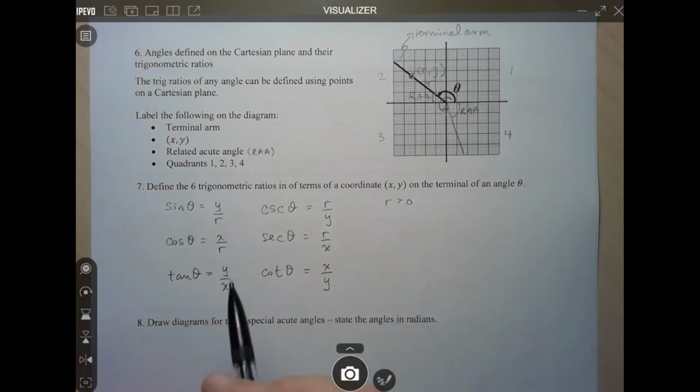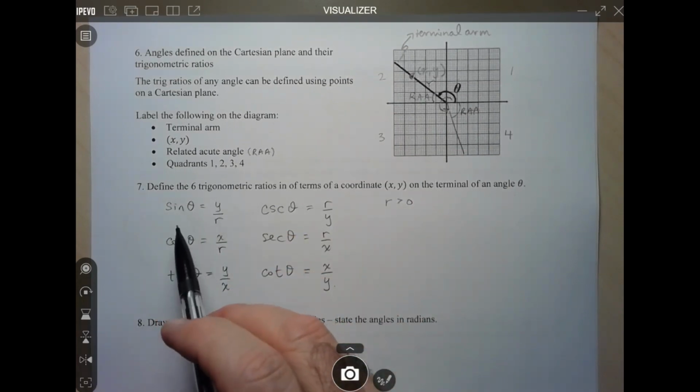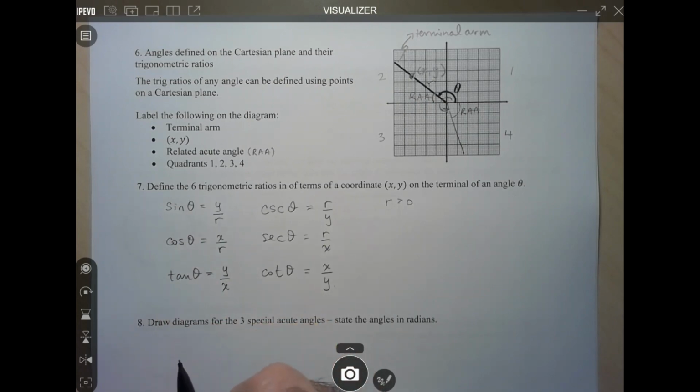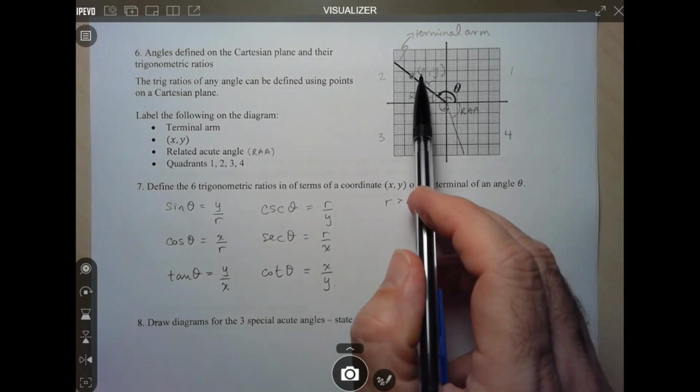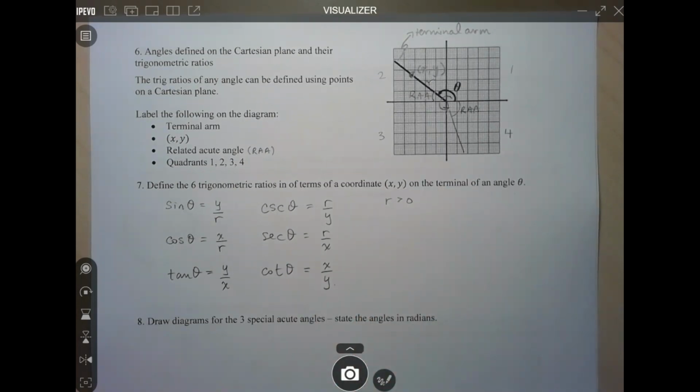So that means when it comes to the sign, not S-I-N-E, but S-I-G-N, of these trigonometric ratios, you only have to be looking at the individual signs of the x and y values.